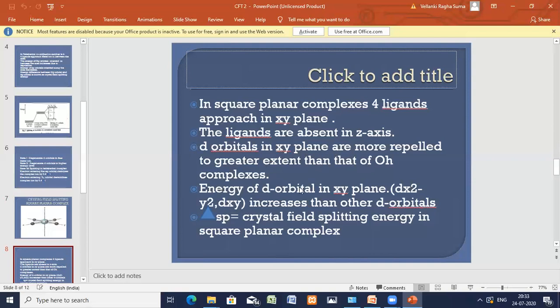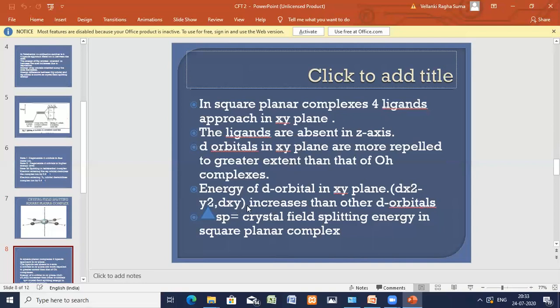Energy of the d orbitals in the xy plane. In the xy plane, you're having dx2-y2 and dxy. The dx2-y2 orbital is of the EG set of orbitals. dxy is of the T2G set of orbitals.